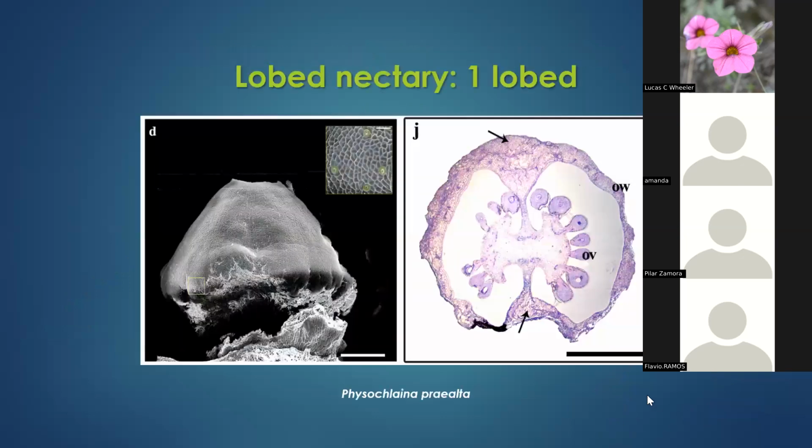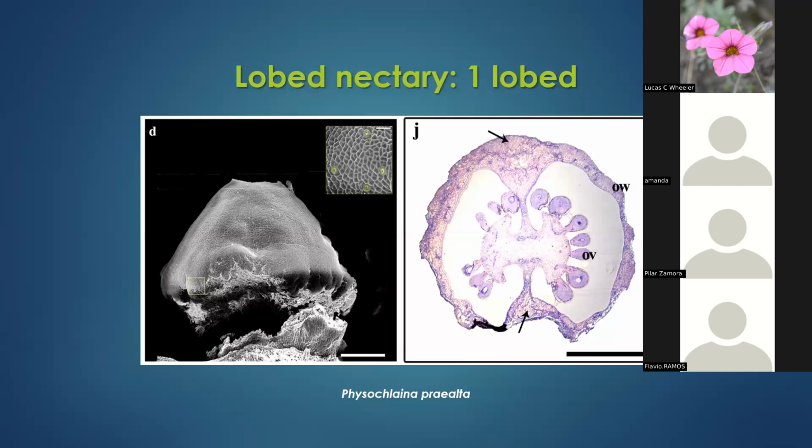Here I will show you what a one-lobed nectary looks like. This is the species Physochlaina praealta, and this is the gynoecium. All Solanaceae species have a gynoecium-related nectary, but the nectary differs morphologically. If you look at the section, this lobe is the only place where you would find these stomata. The stomata on the nectary we call nectarostomata, because they are destined to exude the nectar.